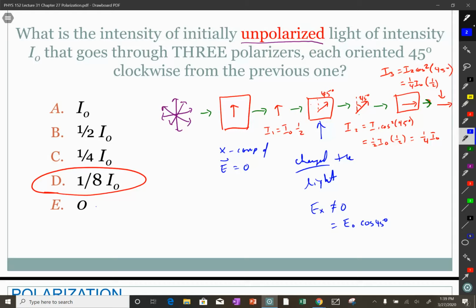Actually, I shouldn't have said E0, I should have said E1, because E0 would have been out here and it had already gone through. So if I had done that, the final intensity is going to be, well, E1 mod squared is going to be proportional to intensity 1 squared.